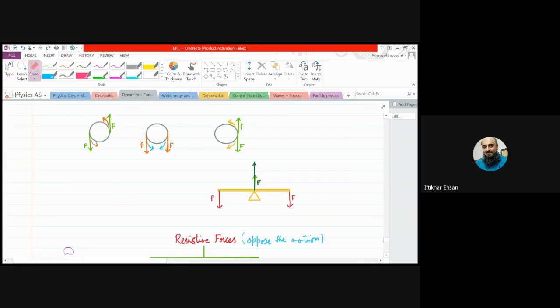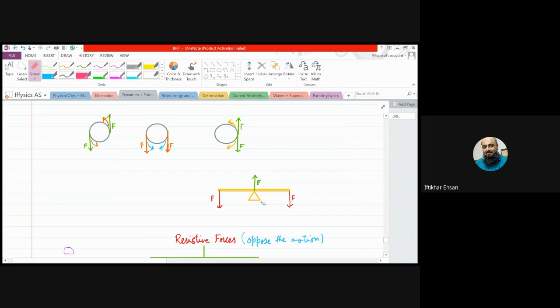Now let's see. Do you think this is in equilibrium? This scenario? What do you think? Clockwise moment is equal to anti-clockwise moment. Yes.